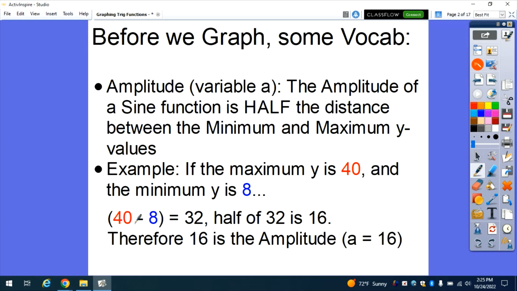So 40 minus 8 equals 32, and you take half of that. So half of 32 would be 16. So 16 is the amplitude. Okay, it's half the distance between the minimum and the maximum. So you do maximum minus the minimum, cut that in half, you got your amplitude.